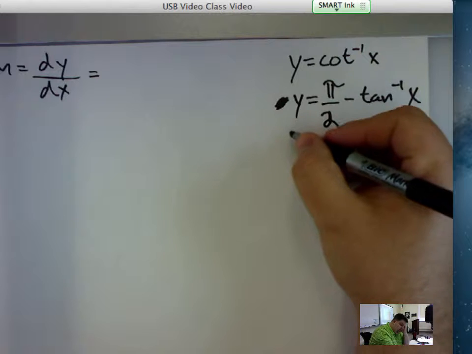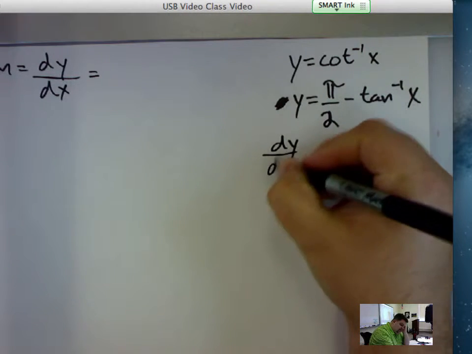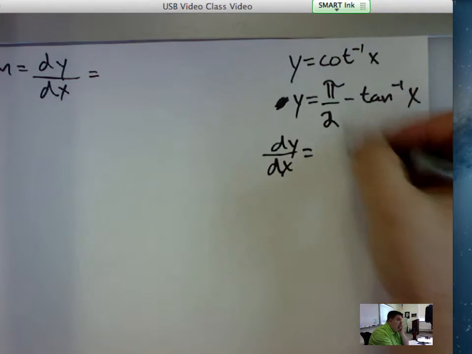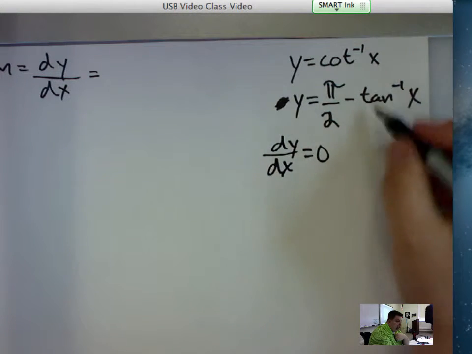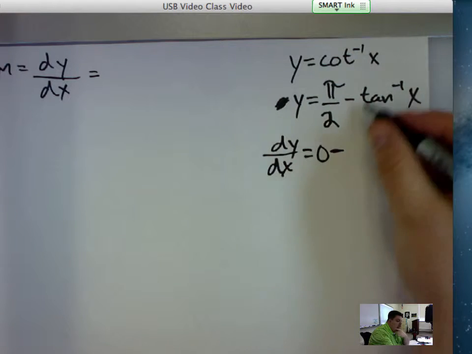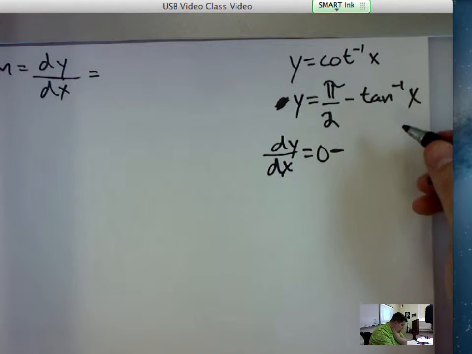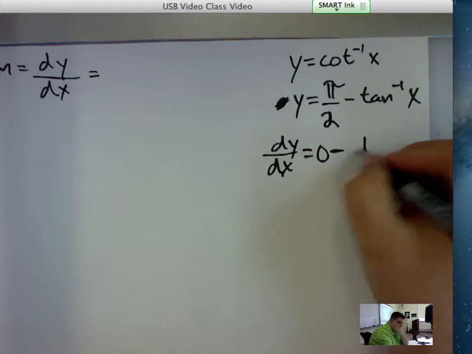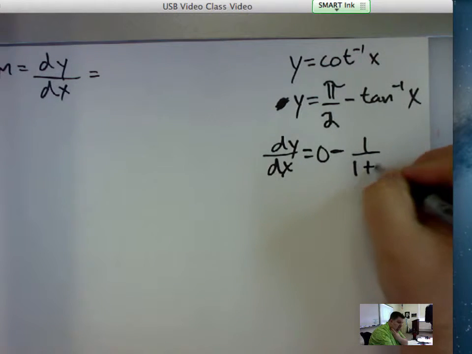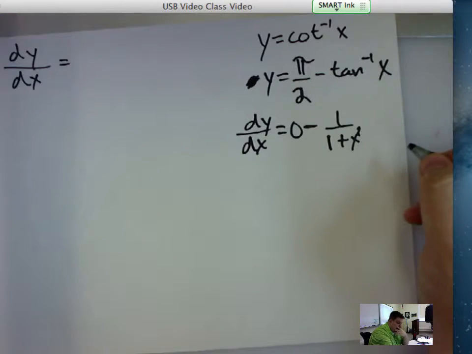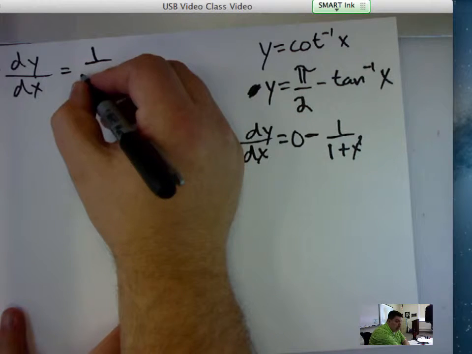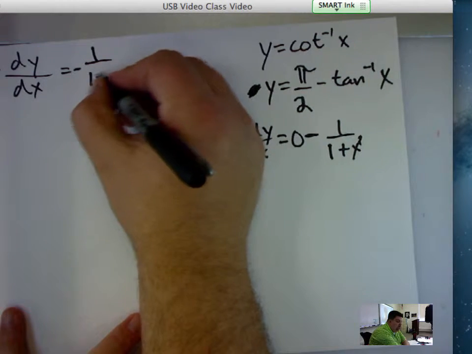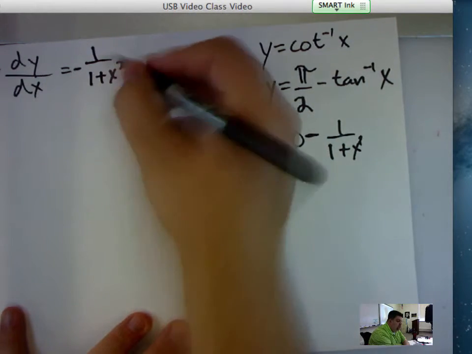What's the derivative of pi over 2? 0. The negative sign stays in the front. What's the derivative of inverse tangent? You guys have memorized that, haven't you? It's 1 over 1 plus x squared. And that's it. So dy dx is negative 1 over 1 plus x squared.